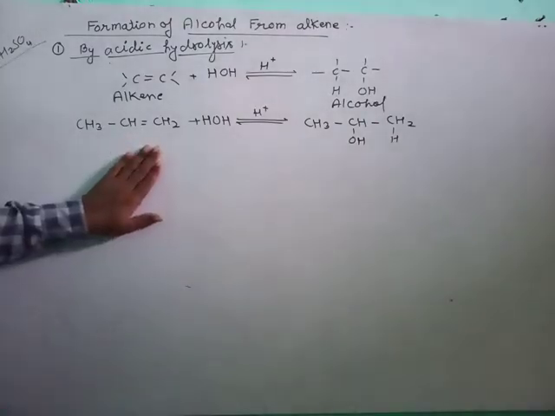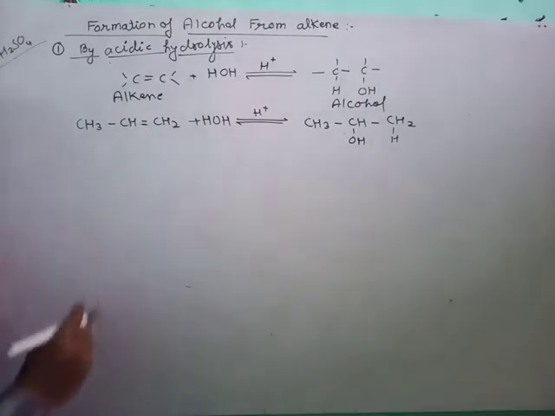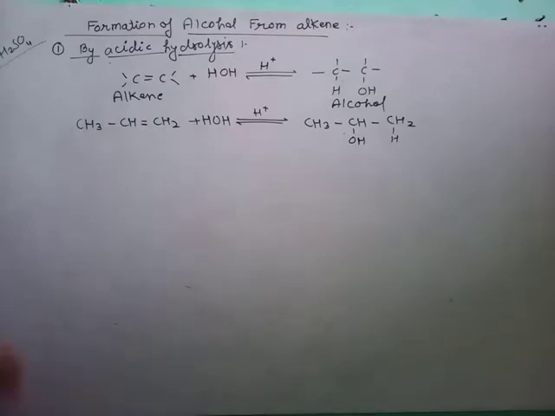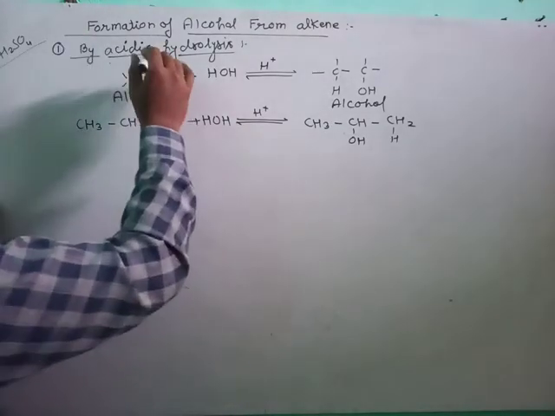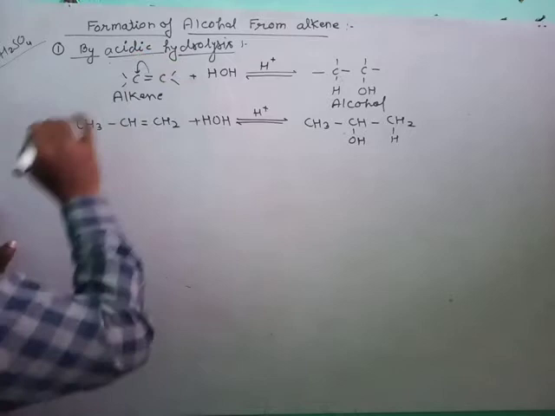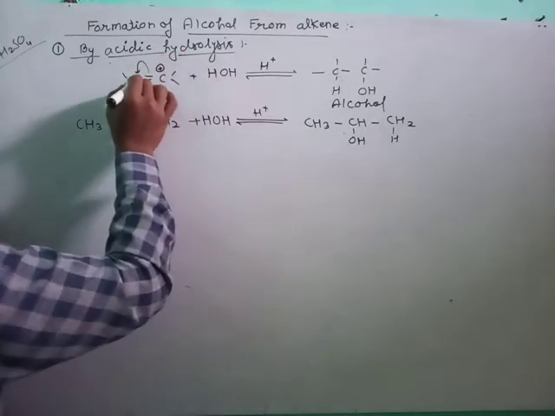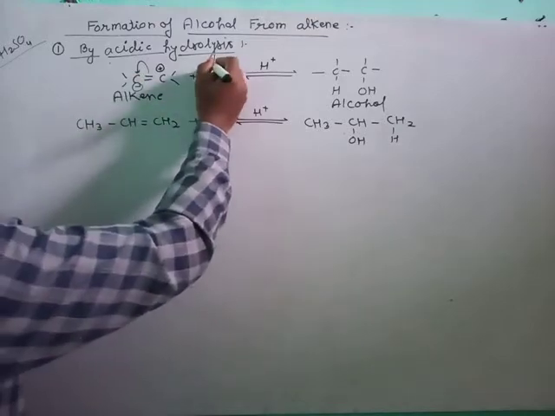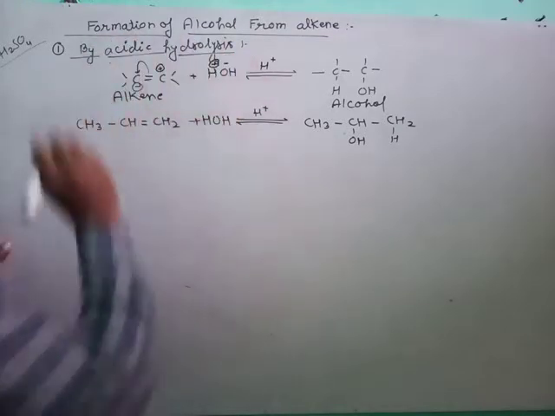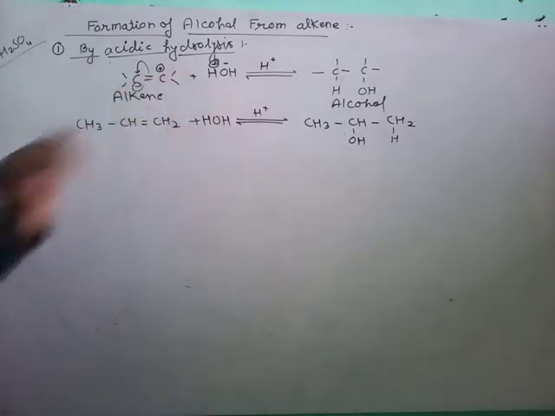Simple reaction. Here we can understand the mechanism of this reaction. Suppose in this reaction the bond is broken, so this carbon becomes positively charged and this carbon becomes negatively charged, and the hydrogen atom forms H plus and this forms OH minus ion.